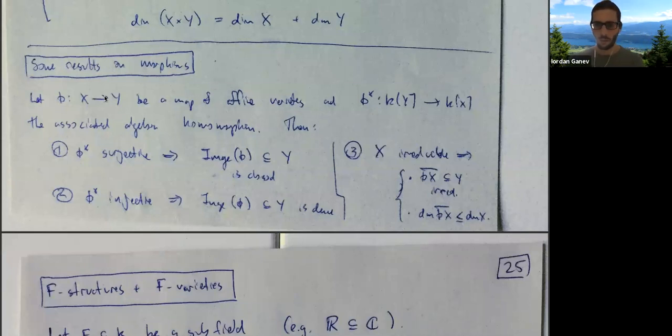The other fact to mention is that if the variety we're mapping from, X, is irreducible, so we talked about irreducible topological spaces, then the closure of its image is also irreducible. And the dimension of the closure of its image, which is easy to define for irreducible varieties, is less than or equal to the dimension of X.